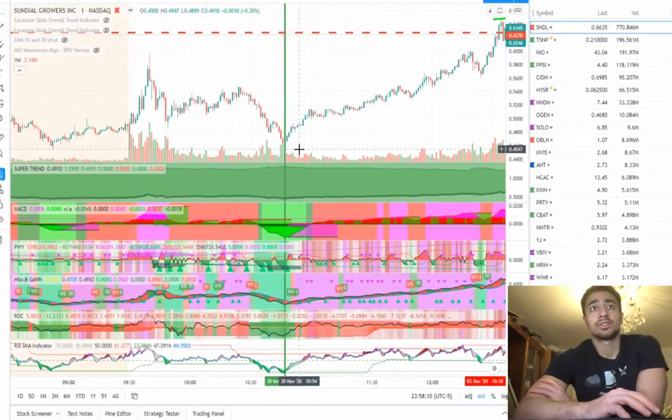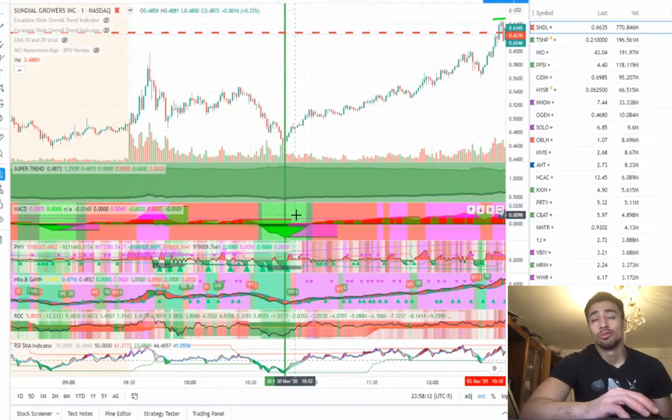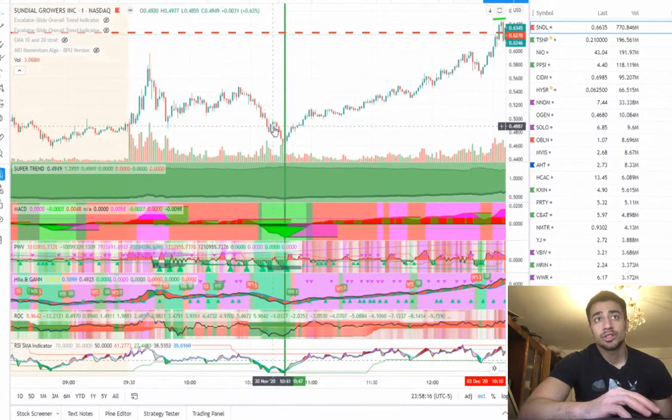I use it like support, and the support really works nicely because, as you can see, there's not much support here. It's not showing that it's going up completely. Yes, the prices, but not the MACD. And then it keeps going down, and then all of a sudden, support is showing. You could buy here, but it's a risky buy because who knows how long this downtrend is going to last.